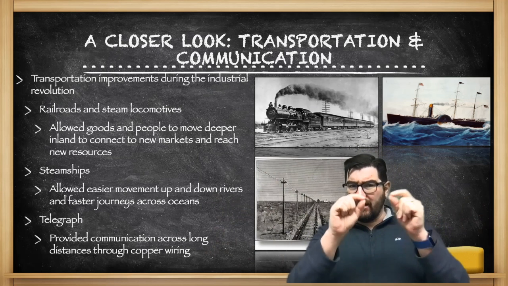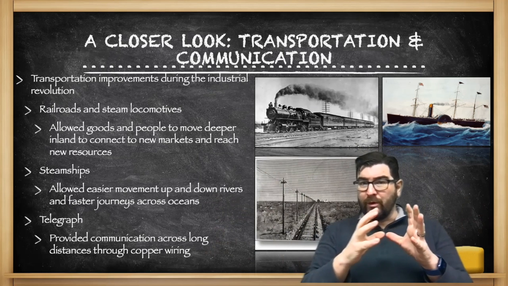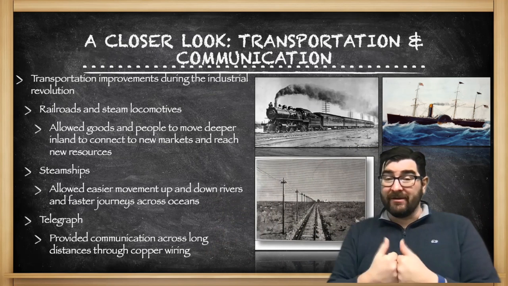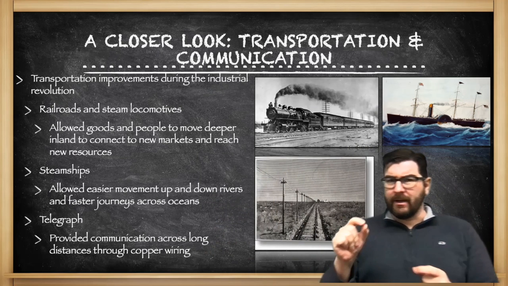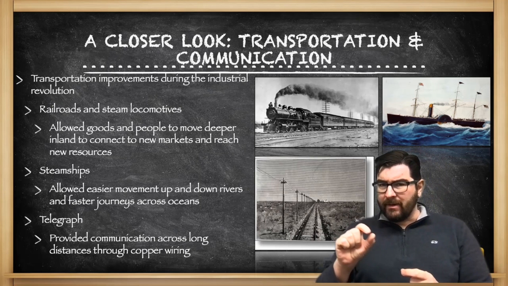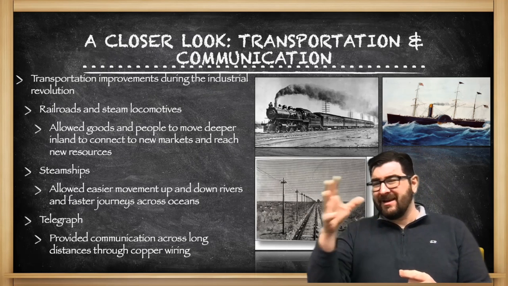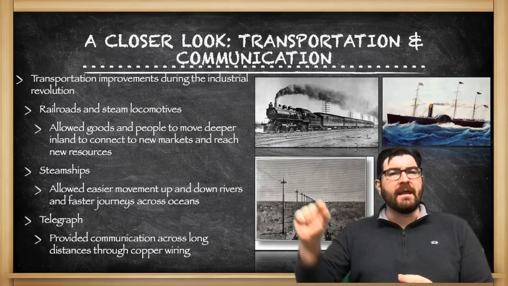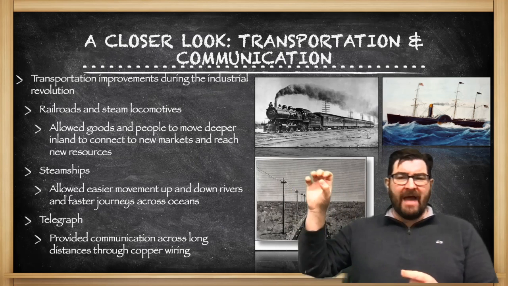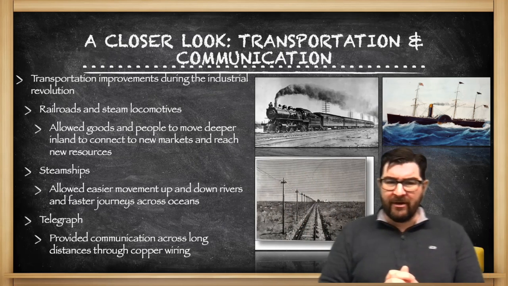Each of these developments will lead us, in our next unit, to talk about global imperialism of Western Europe. If you recall, we said Western Europe in the 1500s and into the 1600s and 1700s could only create trading post empires along the coasts of Africa and South Asia and East Asia.